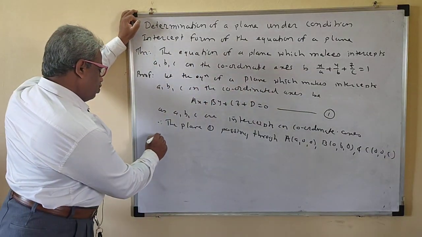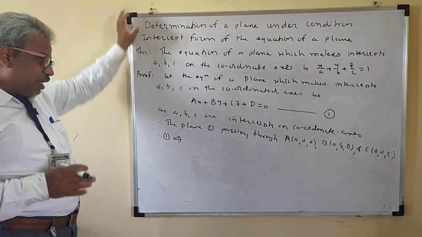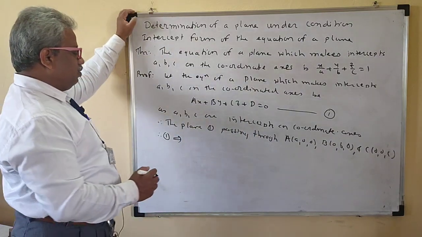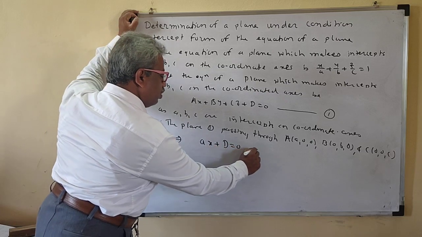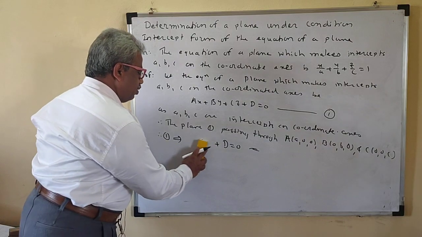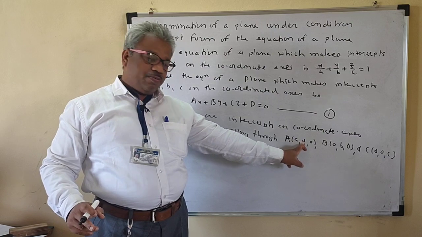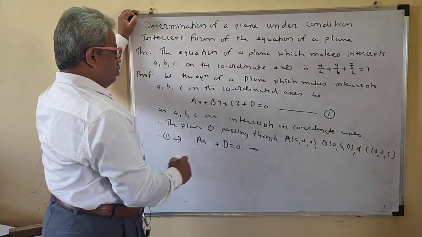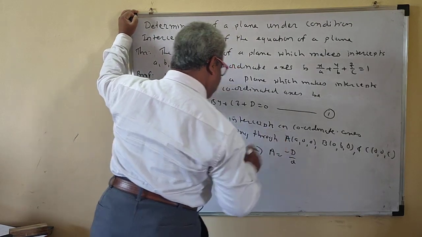So a, b, c are the points on the plane, and they satisfy the equation of the plane, capital A x plus D is equal to 0. Putting x is equal to a, y is equal to 0, z is equal to 0, we get capital A a plus D is equal to 0. So this implies that capital A is equal to minus D upon a.